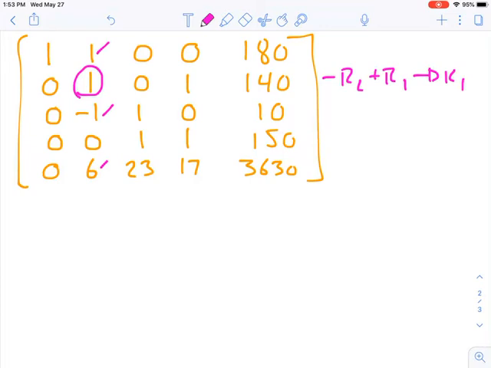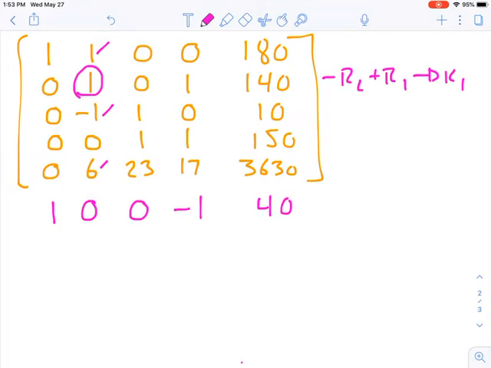So negative row 2 plus row 1 is replacing row 1. In the first column, negative 0 is 0 plus 1 is 1. In the second column, negative 1 plus 1 is 0. Then 0, and then a negative 1, and negative 140 plus 180 would be 40.